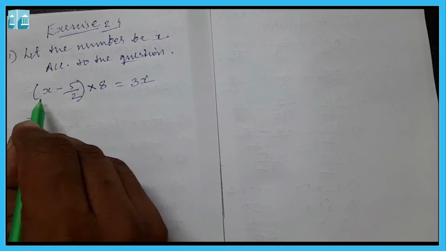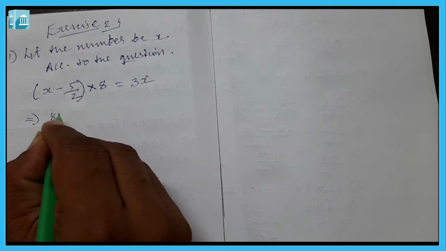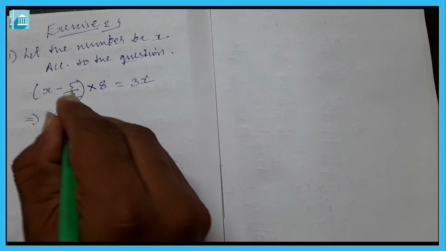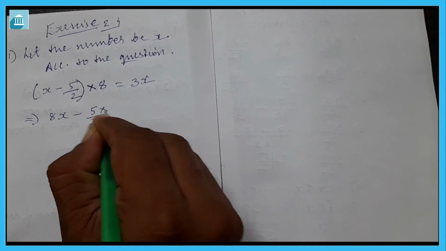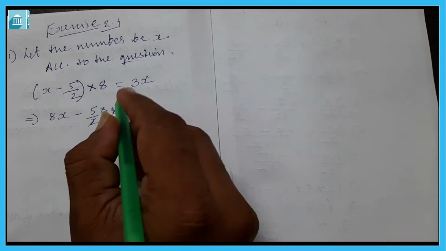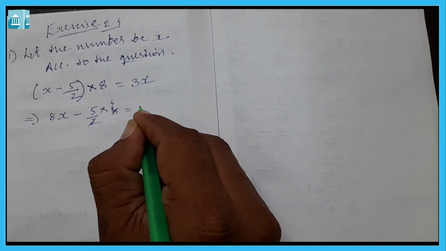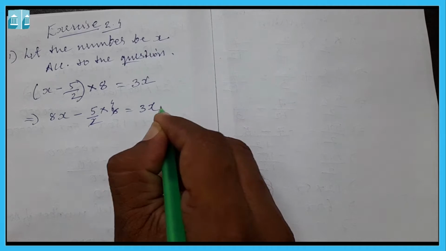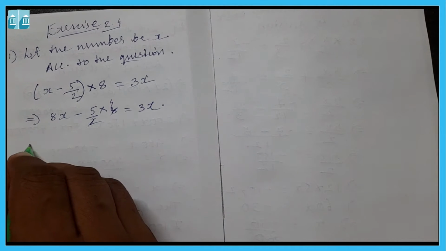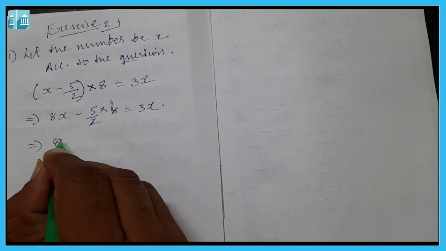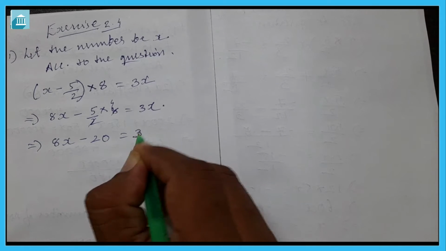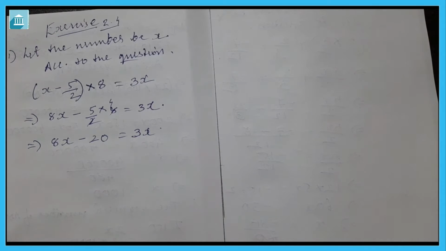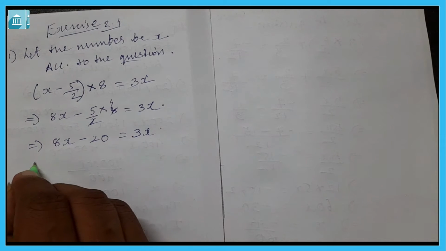See, 8 into x is 8x, minus 5 upon 2 into 8. This we can cut, it is equal to 4, which is equal to 3x. We imply that 8x minus 20 is equal to 3x.